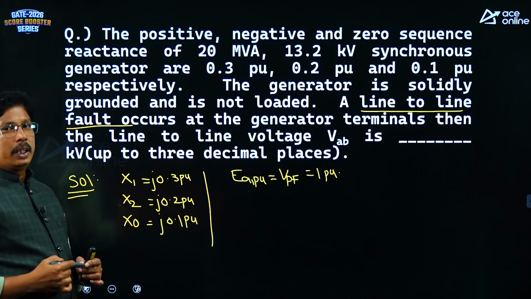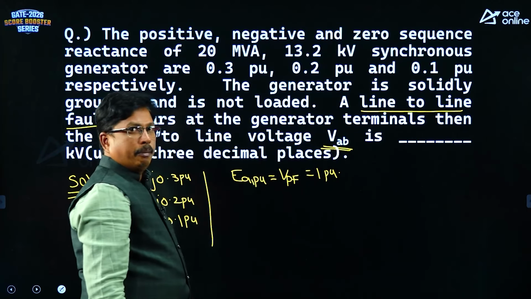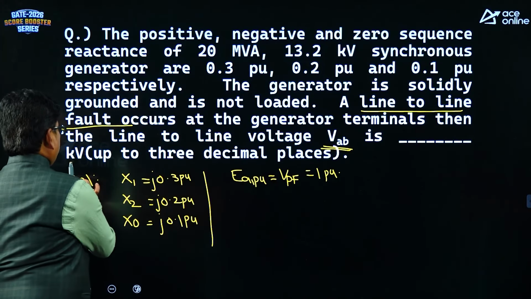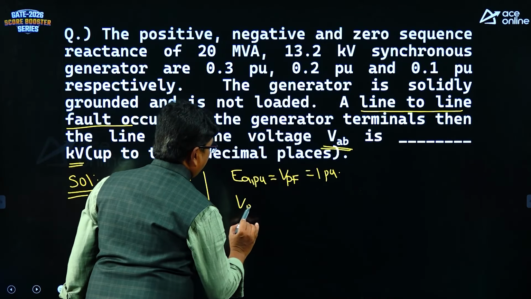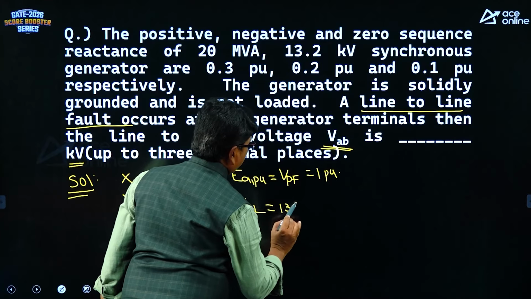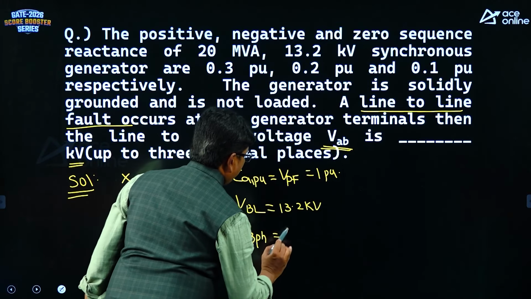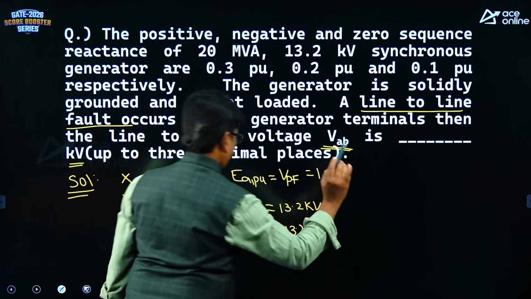Then the line to line voltage VAB, they are asking in kilovolts. So here V base line quantity is 13.2 kilovolts, and V base phase quantity is 13.2 divided by root 3 kilovolts.